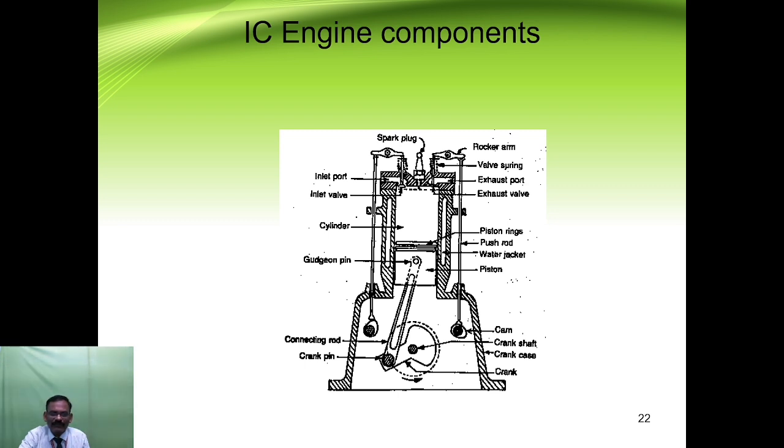So it functions based upon 4 processes: suction, compression, expansion, and exhaust. Here we must know that the heat energy in the fuel is converted into work energy. So this is the concept behind the function of the IC engine.